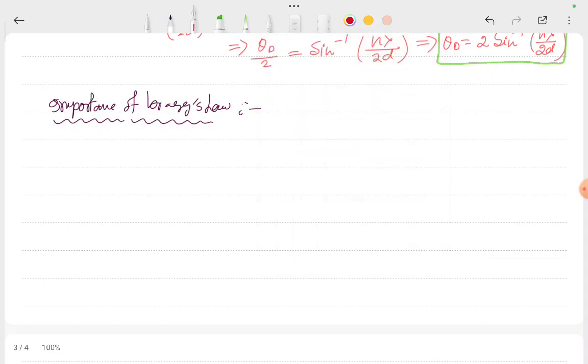As you know, Bragg's law is 2d sine theta b equals n lambda.